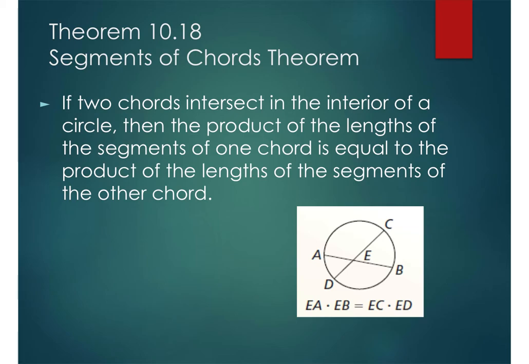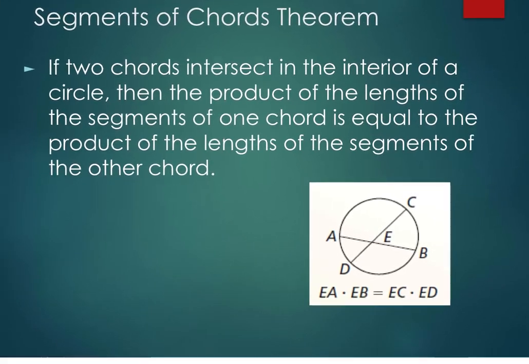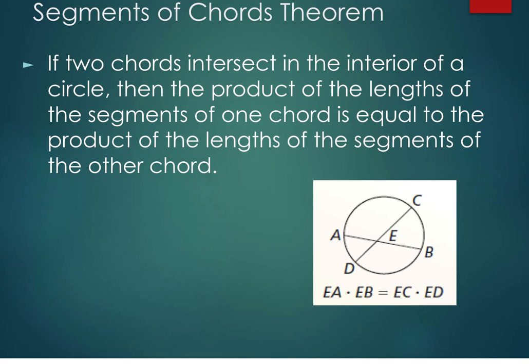All right, so let's take a look. What this is saying is, if AB and CD are both chords and they intersect each other in the circle, if you take one segment of CD, let's say CE, and you multiply it by the other segment of that chord, ED, that will be the same exact result.